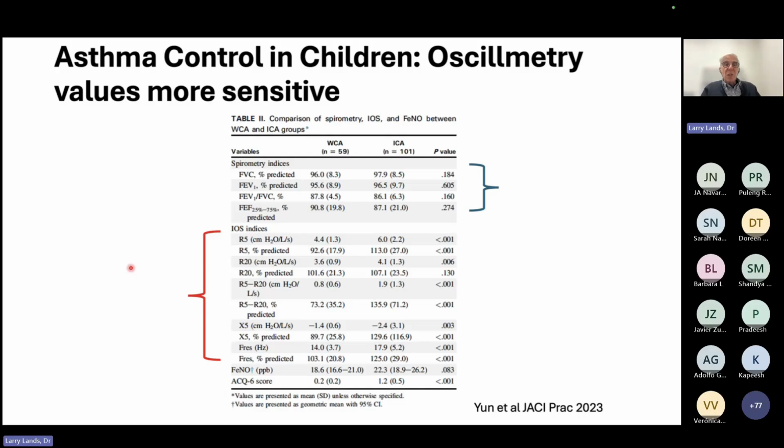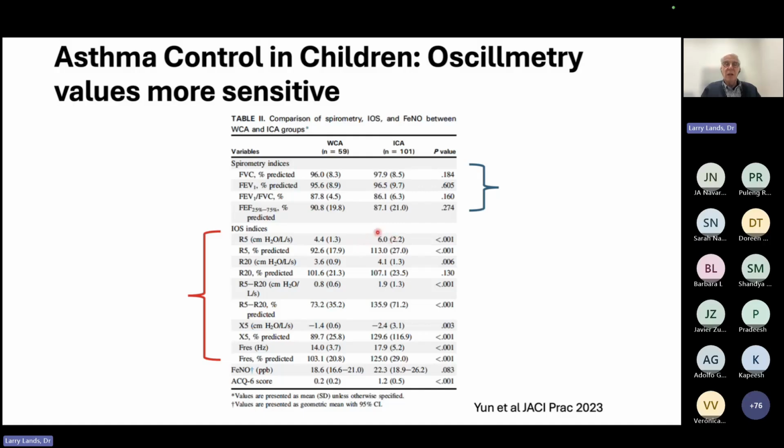And using the ACQ, talking about those who were well controlled versus poorly controlled, you can see using spirometry there was really no difference in these measures. However, oscillometry was really quite different.